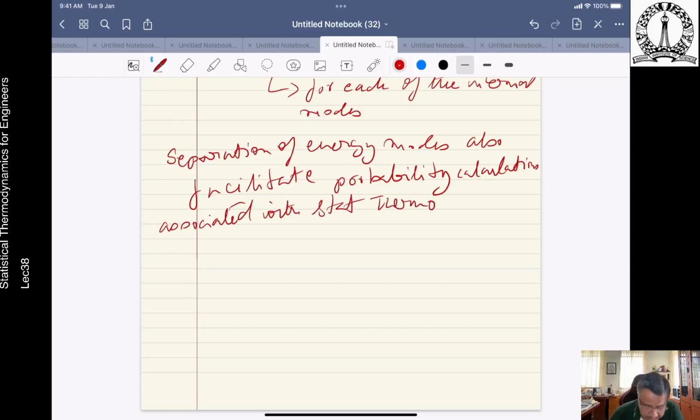For example, if you want to find P rotation, vibration, electronic, which means the probability of being in a specific rotational, vibrational, and electronic energy level, that is the number of particles in that configuration divided by the total number of particles.